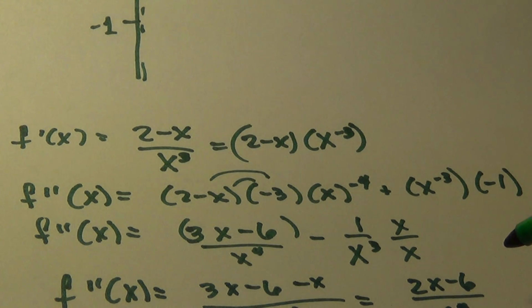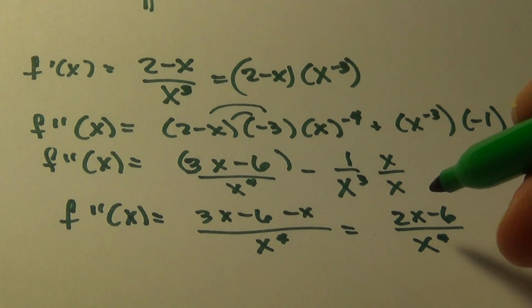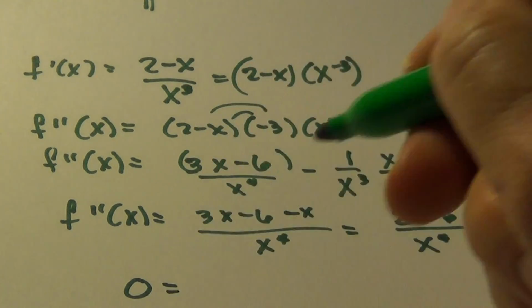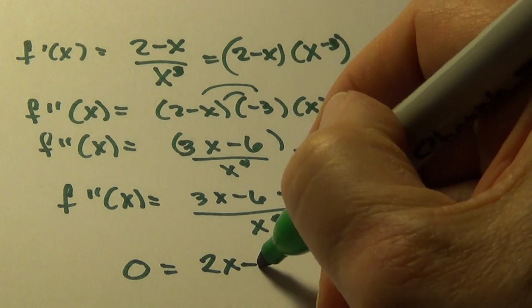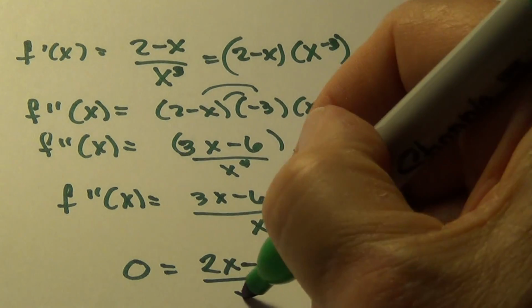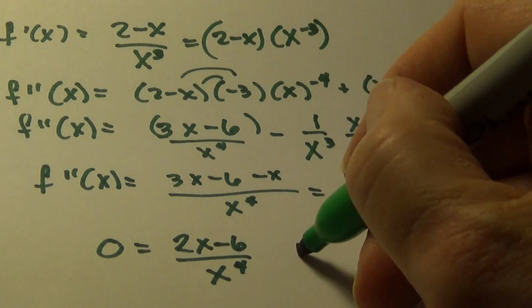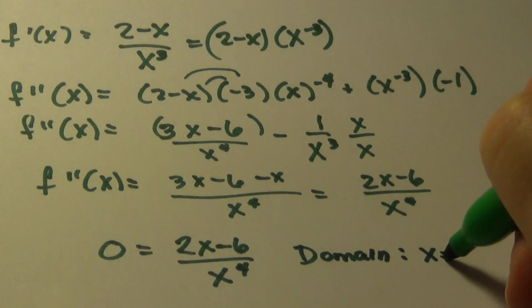All right, so for concavity, we're going to look for possible points of inflection and concavity by setting the second derivative equal to 0. X to the 4th. All right, so I notice the domain again. X cannot equal 0.